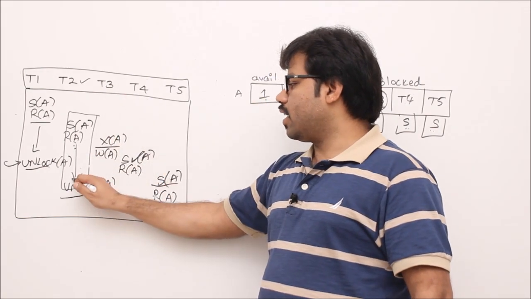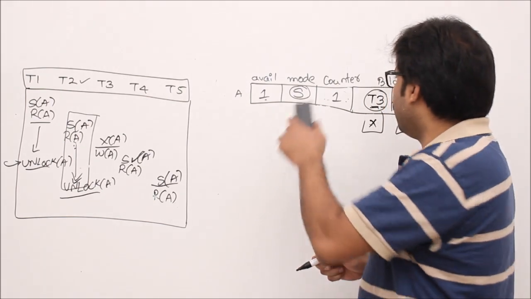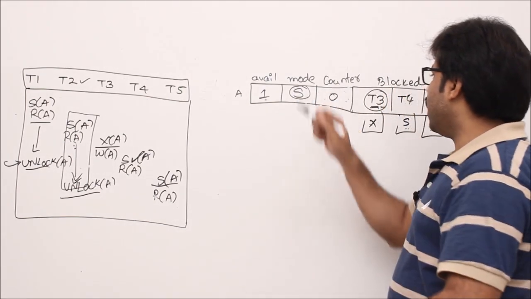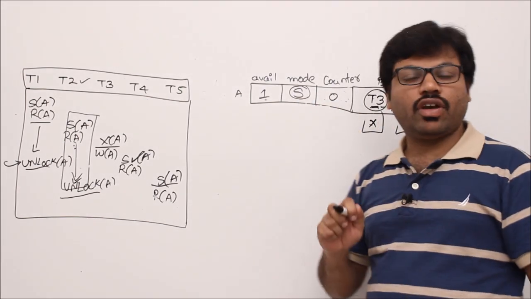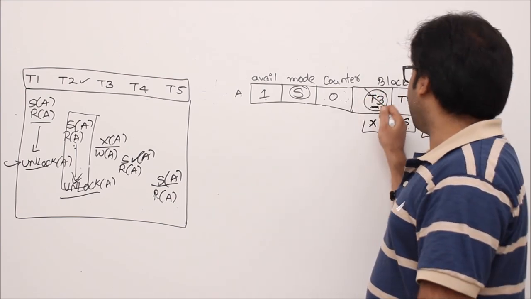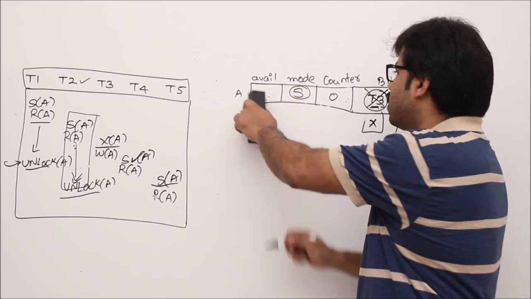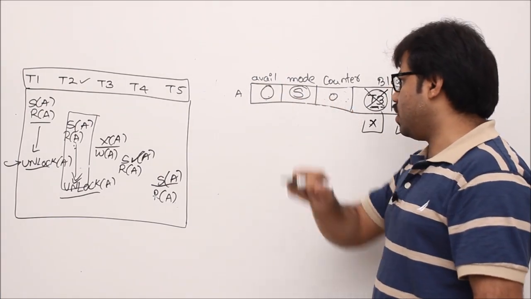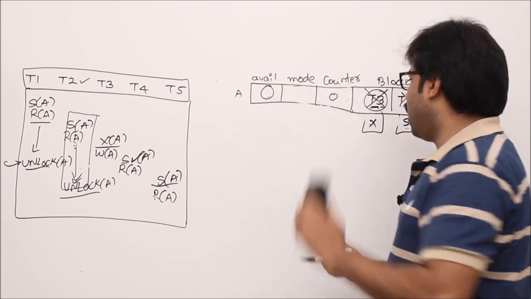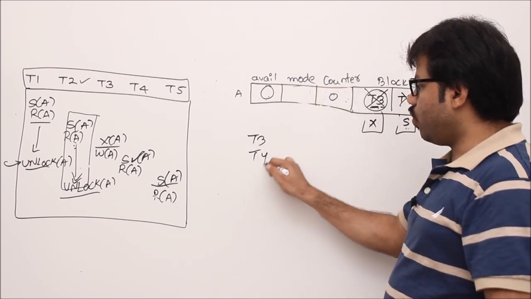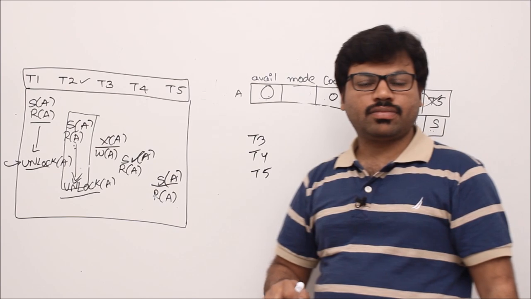So the DBMS will execute unlock of A, then this counter will become 0, then all of T3, T4, T5 will be released. Not only T3, because whenever the counter is 0, availability will be made 0, then the mode will be removed and all the transactions T3, T4, T5 will be released.